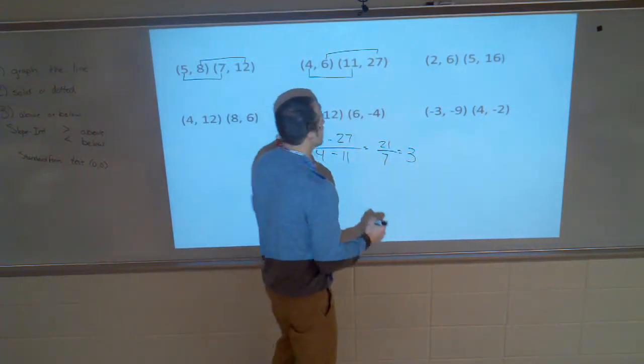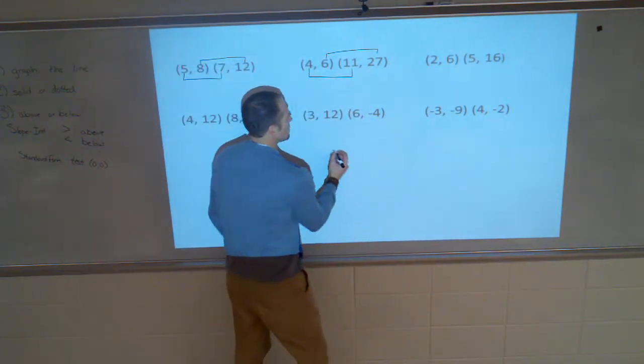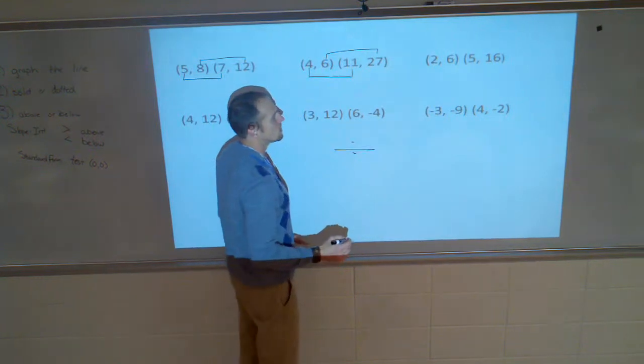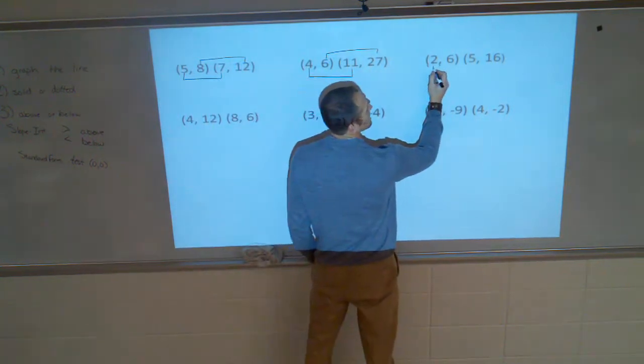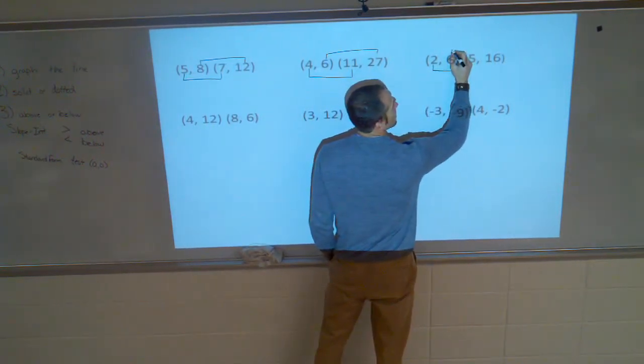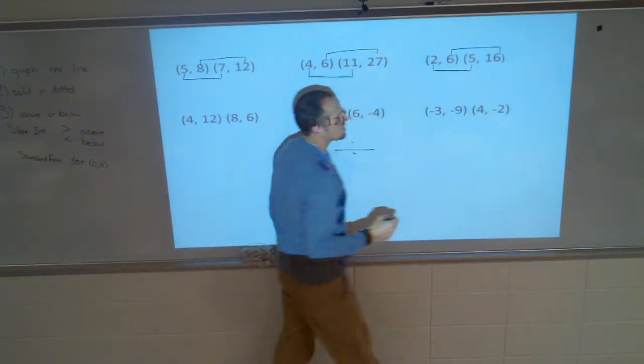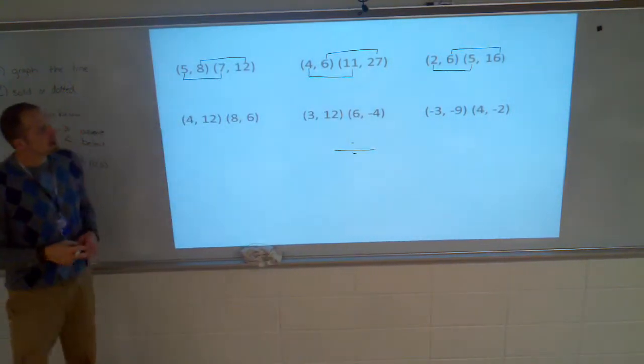Okay. This next one, set up your slope-o-matic. Now x's are on the bottom, y's are on the top. Set that up and solve it.